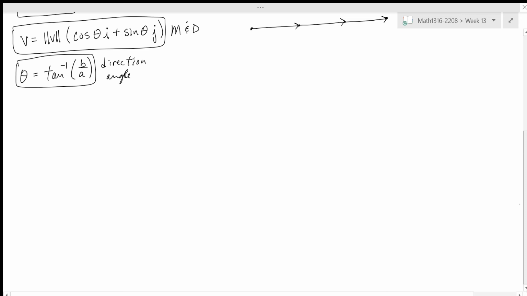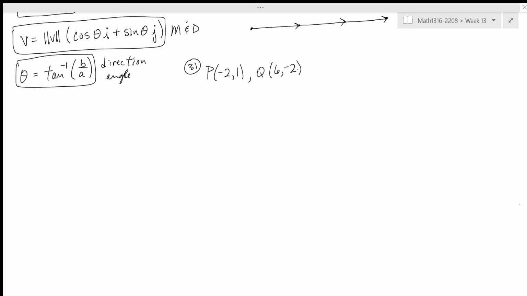Number 31. All right, so if you listen to the way the instructions are worded, it says vector v has initial point P and terminal point Q. Find its position vector.